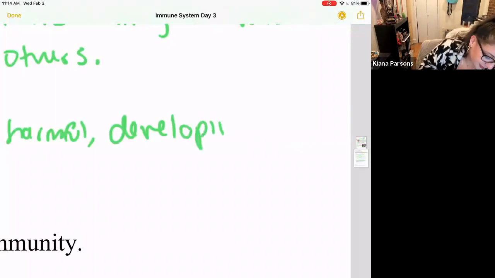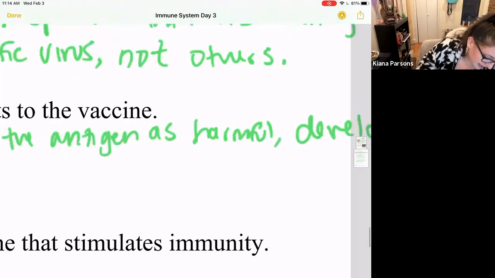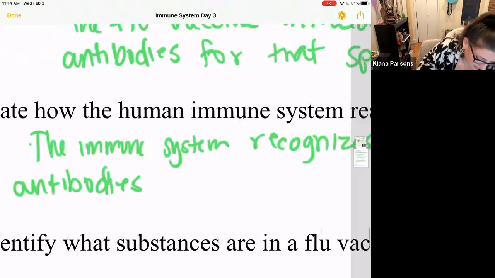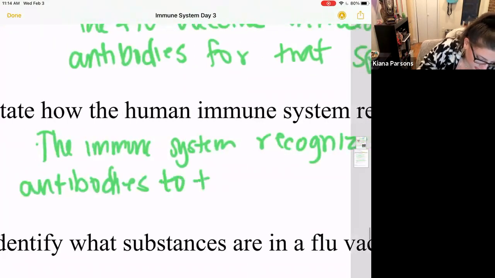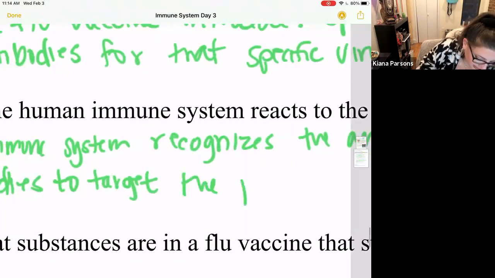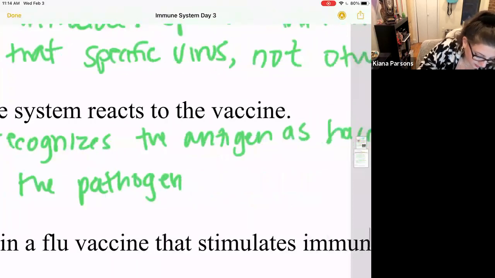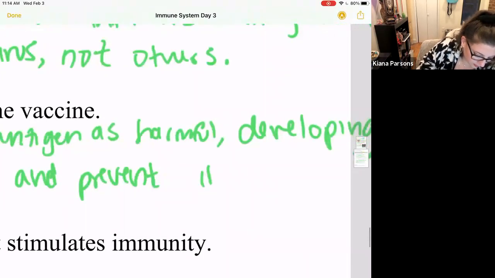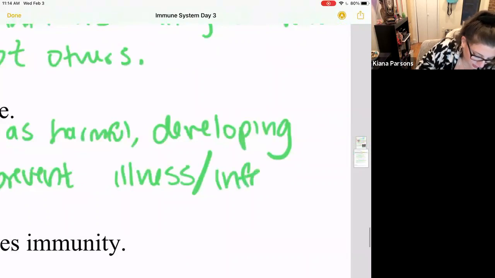Developing antibodies to target the pathogen and prevent illness or infection.